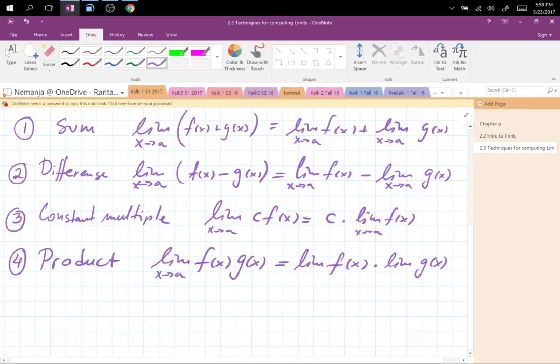Now, guys, this is a very, very dangerous statement. It works only for limits. It does not work for derivatives or integrals. So you have to be very, very careful in how you use it.